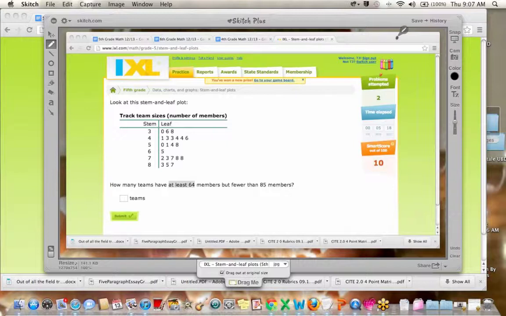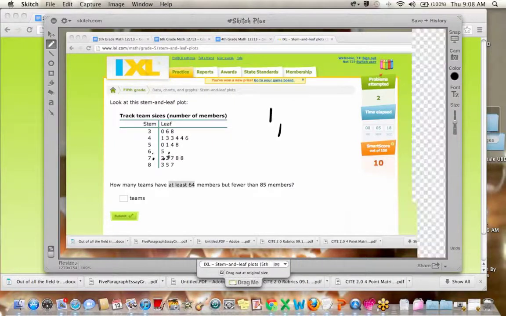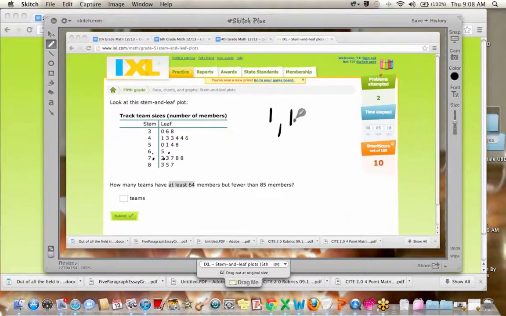Okay, so the question is asking us at least 64, but fewer than 85. So we've got 65, so that's 1. 72, so that's another. 73, that's another. 77, that's another person. 78, that's another person. 78 again, so that's another. 83, so that's another person.